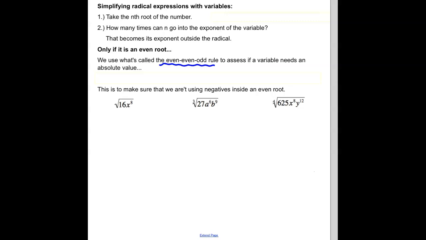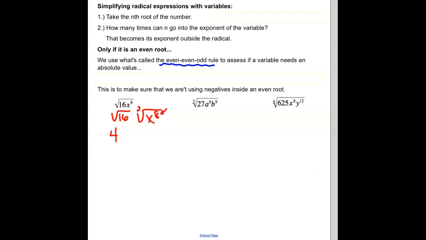Our first one here, we have a 16 and an x to the 8th. We are trying to square root it. We separate it. We take the square root of 16 and we take the square root of x to the 8th. Okay? Well, we know the square root of 16 is 4. When we go to do the square root of the variable, notice we are taking an even root because it's a square root. 2 is an even number.